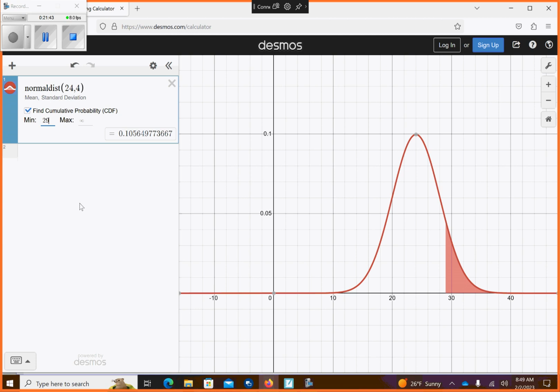Because we're talking about just the individual, it's roughly a 10.6% chance that our person is going to score 29 or more points. Okay, the reason I did not change that to the standard error was I was only talking about one person or one selected situation. Okay, it's not multiple.